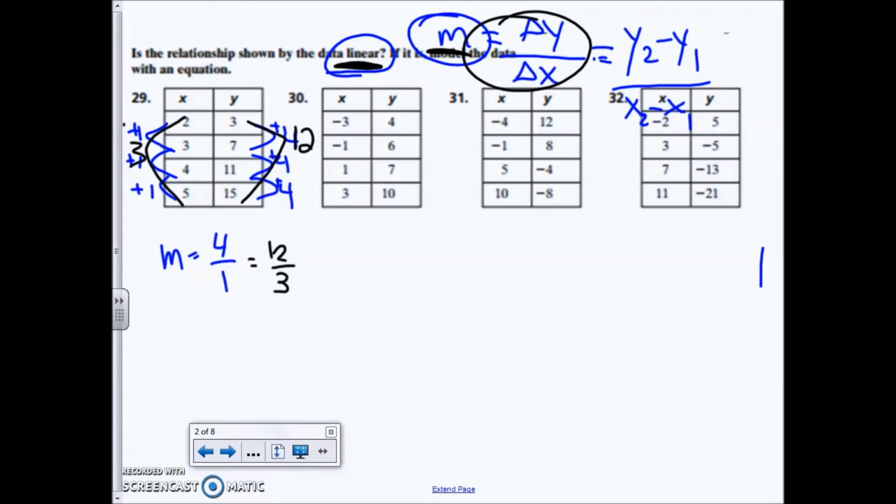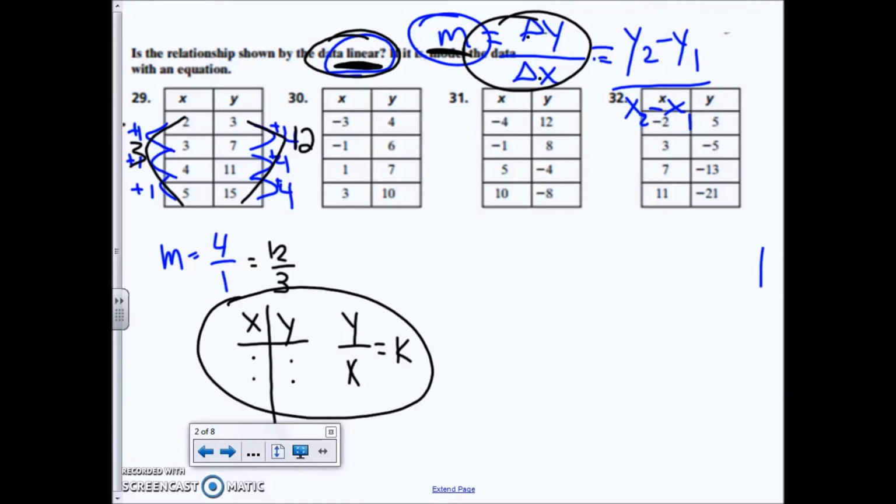So it's kind of like that direct variation, except the only difference is that in direct variation, all of my entries, y's over x's, equal the same value. And in general, to be linear, our change in y over our change in x has to be the same value.